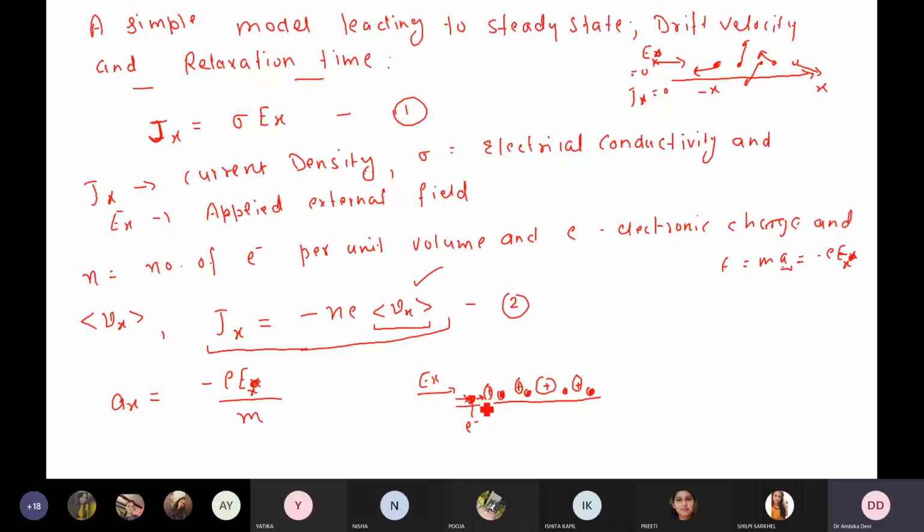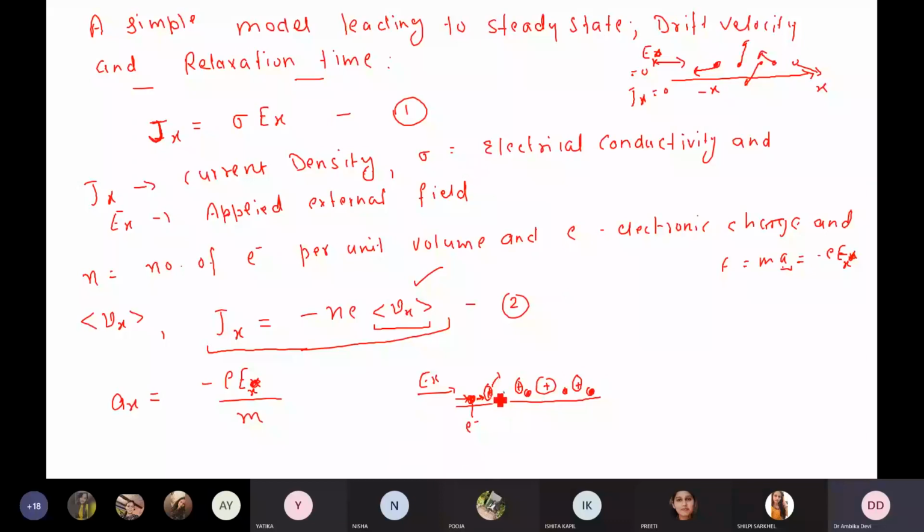And when it moves close to this positive ion, it will collide with the positive ion. It is going to be an inelastic collision, so after the collision the velocity will decrease, and it may become zero. So this is the inelastic collision of the electron with the positive ion.